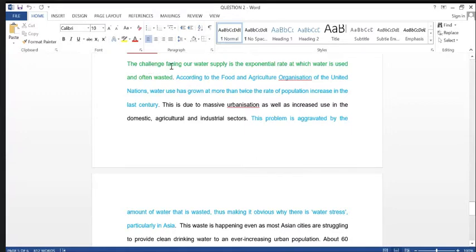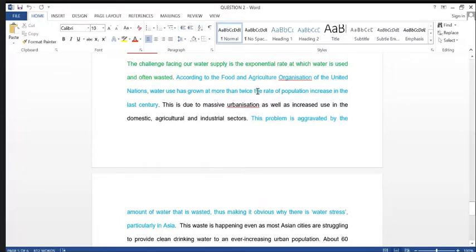And according to the Food and Agriculture Organization of the United Nations, water use has grown at more than twice the rate of population increase in the last century. Now, I told you, the second sentence will always have a connection with the first sentence, and the third with the second, and also with the first.